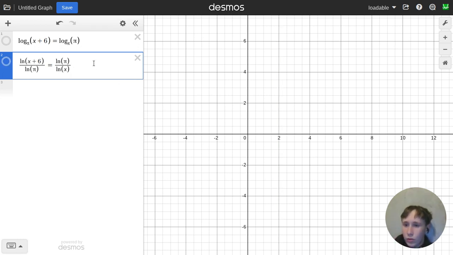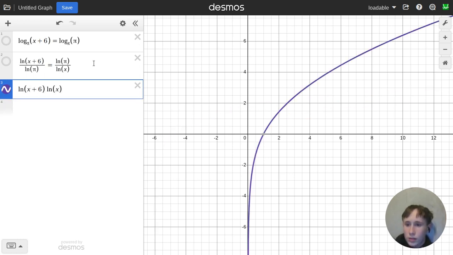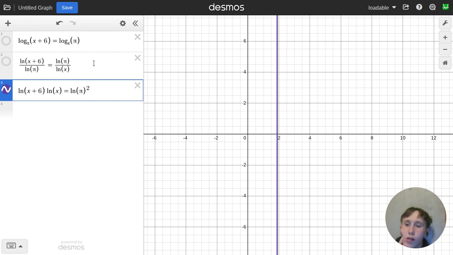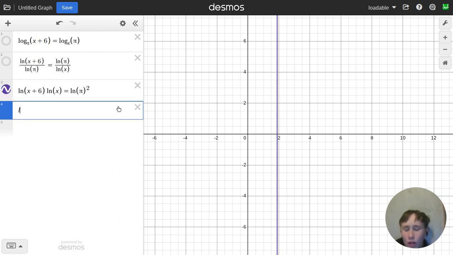Okay, and then we do log natural x plus 6 times log natural x equals log natural pi squared. That's interesting. I'm not sure with this one. Okay, so log natural pi equals, oh, hold on. Pi equals, no, that wouldn't work.